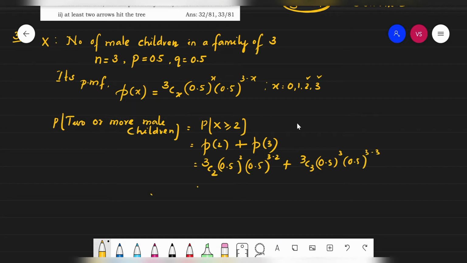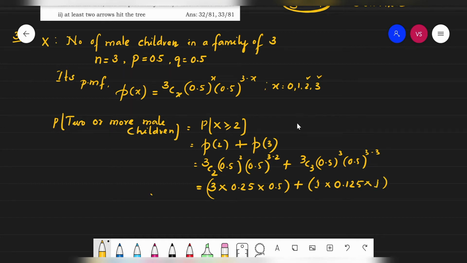3C2 is 3, students. 0.5 raised to 2 is 0.25 and 0.5 raised to 1 is 0.5, plus 3C3 is 1. 0.5 raised to 3 is 0.125. Is that okay? 0.5 into 0.5 into 0.5 is 0.125, into 1.